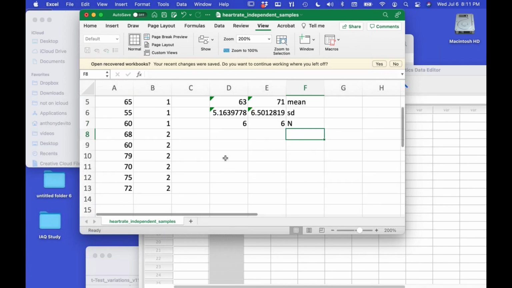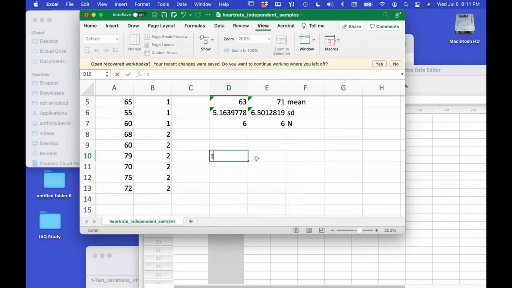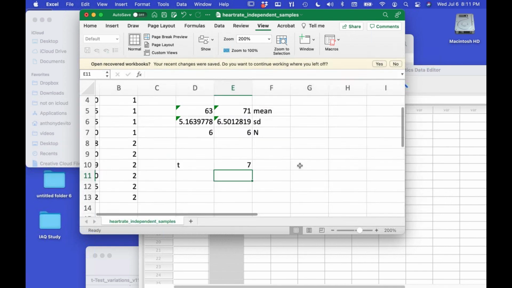Now for my standard error in my denominator, I'm going to have to do a little calculating to get that. First, I'm going to take the standard deviation for the first group squared, divided by the sample size, which is 6. And that comes out to that. I'm going to do the same thing for the second group.